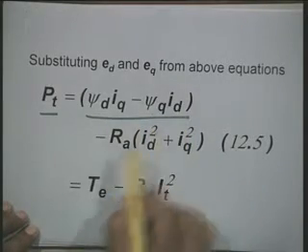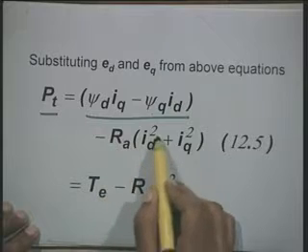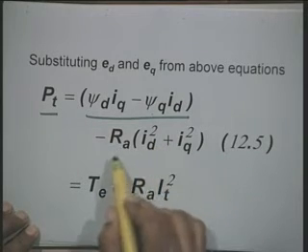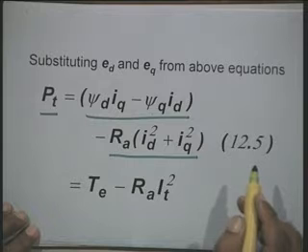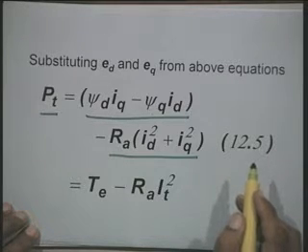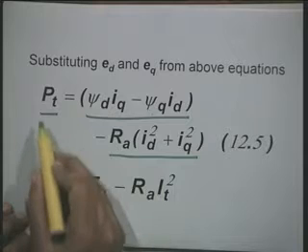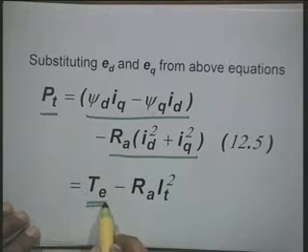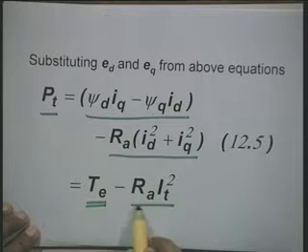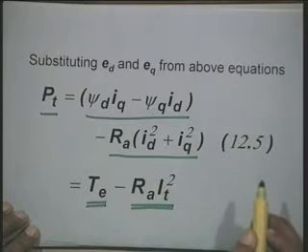This is the expression, minus R a times I d square plus I q square. This term can be identified as the stator circuit resistance loss. Therefore, we say that terminal power is equal to the air gap torque minus the armature loss of the stator.